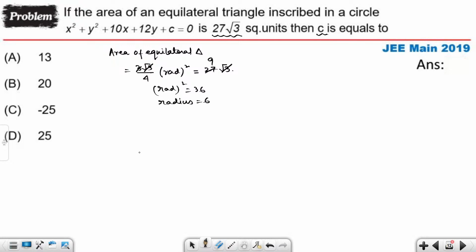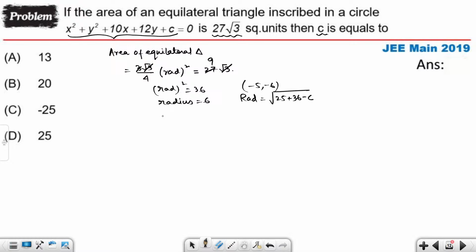If radius square is 36, so what is your radius? It's 6. Now, for this given circle, the center is at -5, -6. And what is its radius? It's root over 25 plus 36 minus c. That's the radius. Yes?